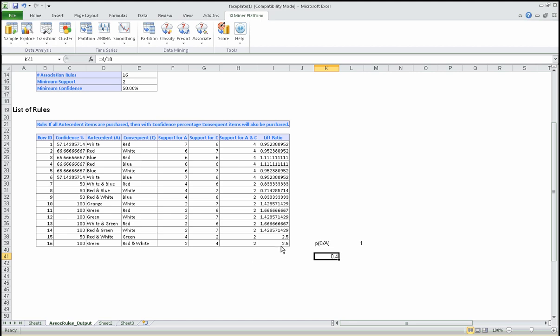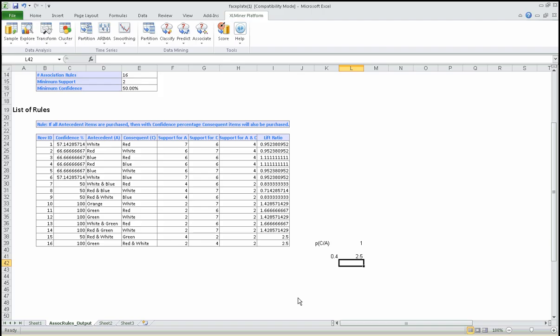That's the lift ratio, and it's 2.5. How did they calculate 2.5? We know the probability of somebody buying red and white, given that they bought green, is 1. So this is 1 divided by the probability of buying red and white, which is 0.4, giving 2.5. That's the lift ratio.